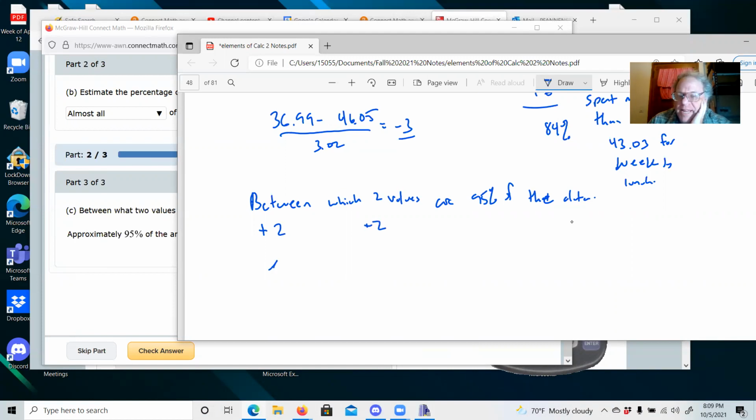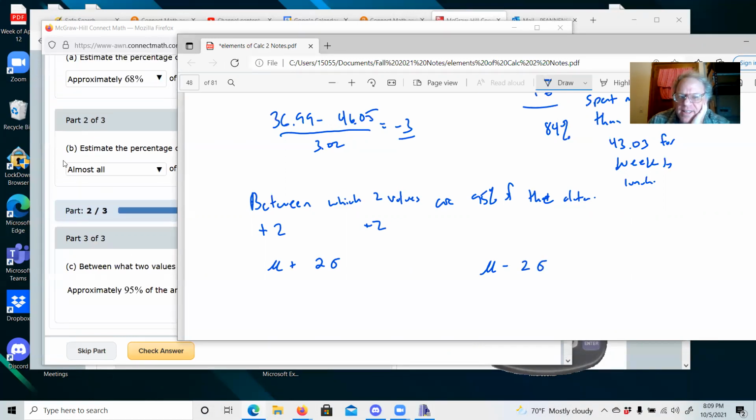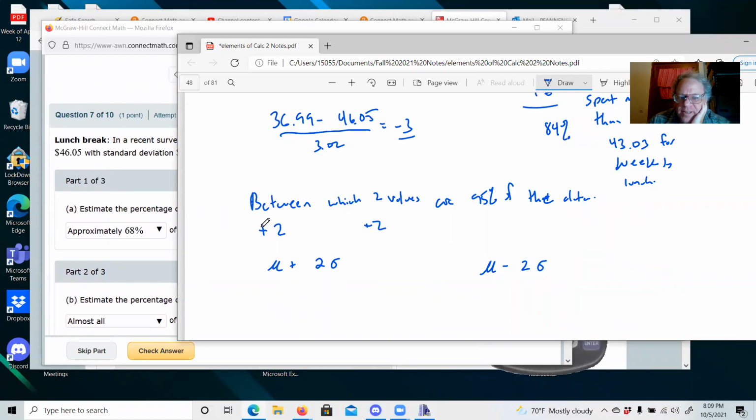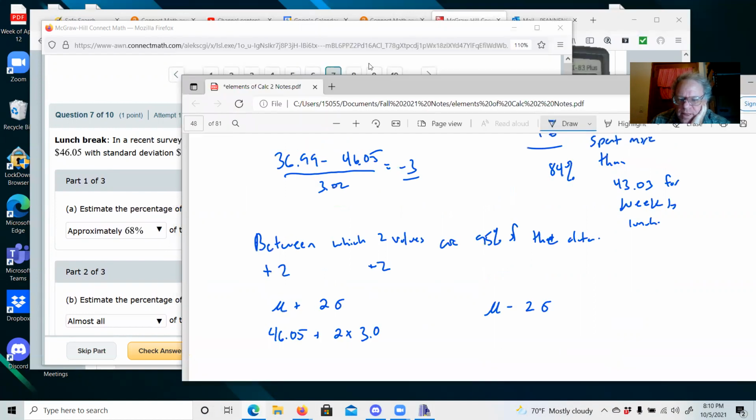So what if I take my mean and add 2 standard deviations, or take my mean and subtract 2 standard deviations? All right, so we're going to take our 46.05 plus 2 times 3.02, I believe. Sorry, I covered it up. We're just going to type that in the calculator.